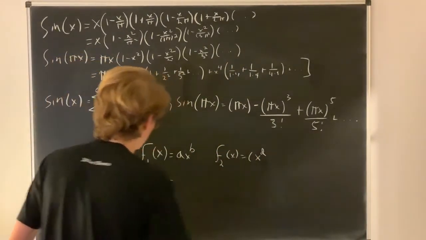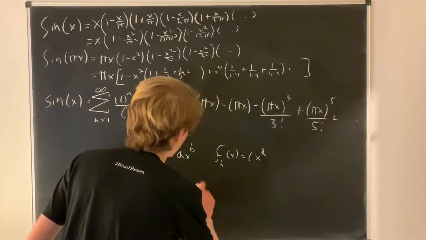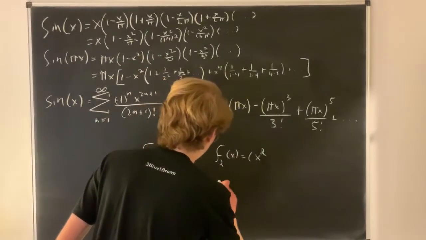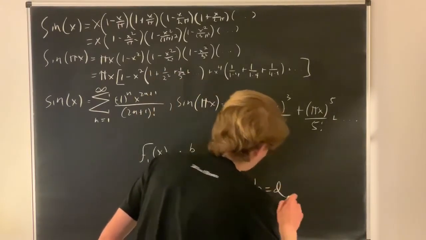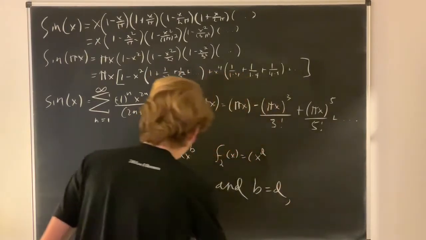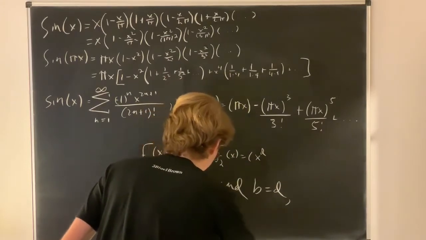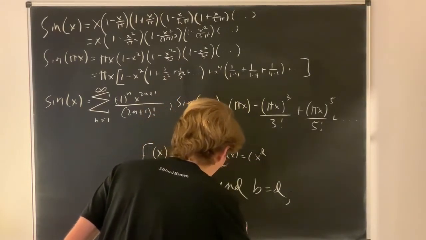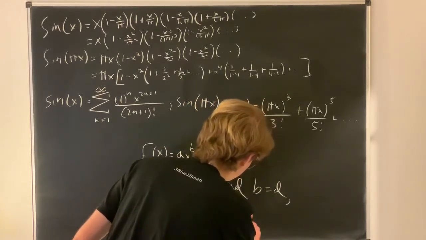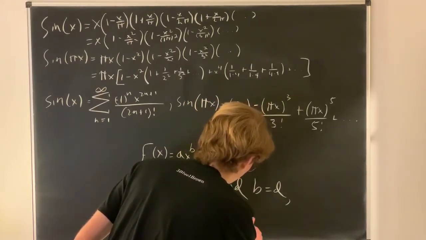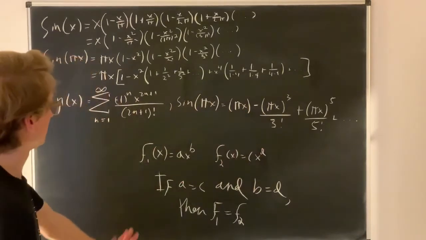So if a equals c and b equals d, then we can say f1 is equal to f2. Sorry, it's getting very messy down there.